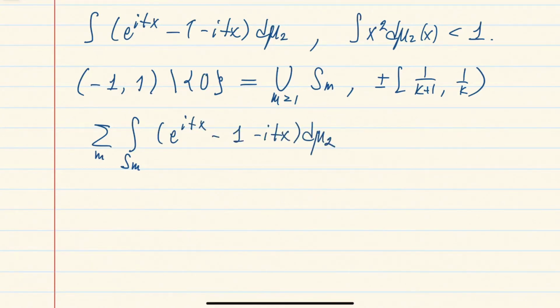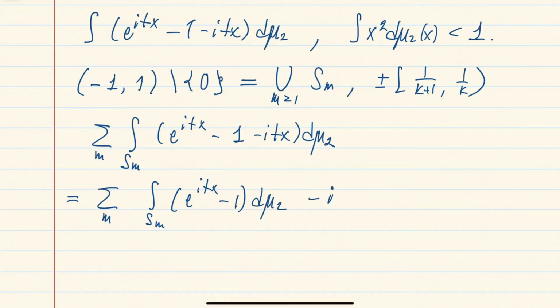Okay, and the reason I wanted these intervals to be separated away from 0 is because for each fixed m in this sum, we can now separate the two integrals. So we can write the integral of e to the itx minus 1 with respect to this measure minus it times the integral of x with respect to this measure.